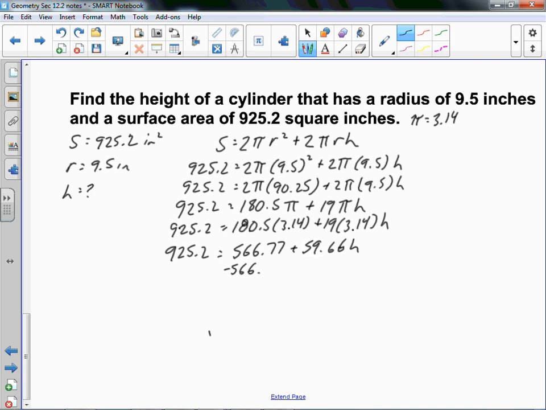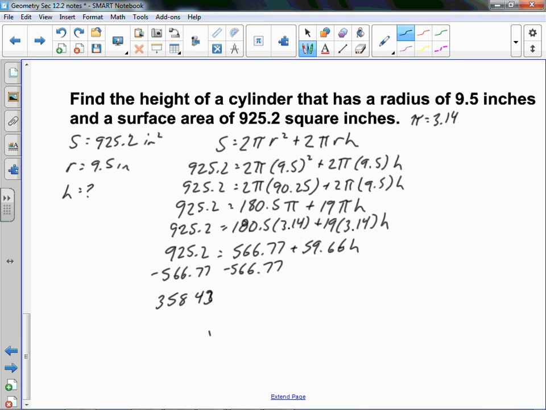Subtract 566.77 from both sides. It was 358.42, or 43, sorry.